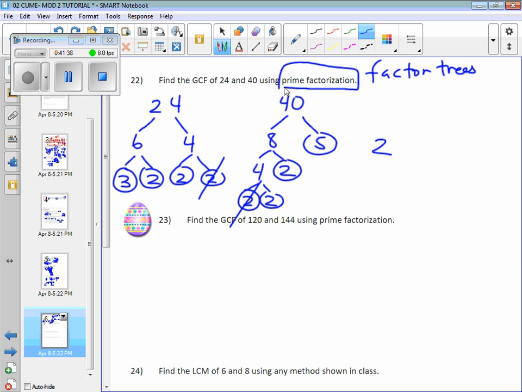I see another 2 and another 2, but only list it once. Another 2 and another 2, list it once. I have nothing else that's common in the trees. So I've got 2 times 2 times 2, and if I multiply that, I get a GCF of 8. And that's how we do that.